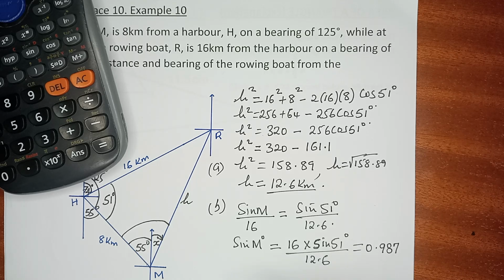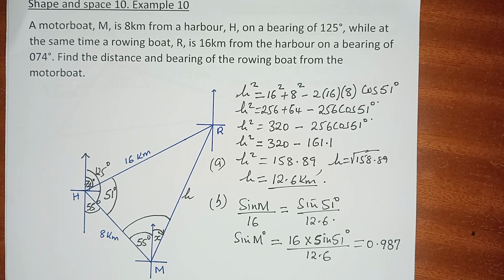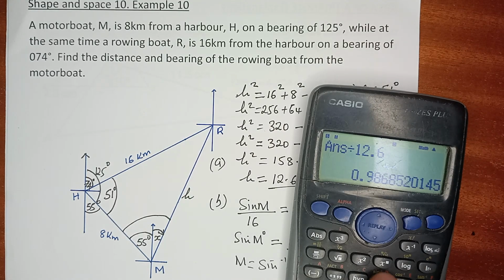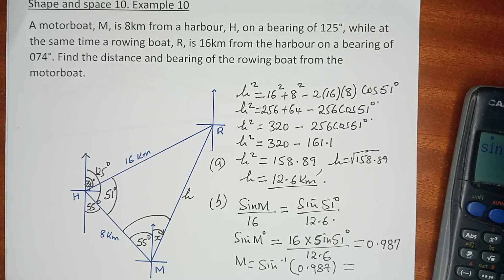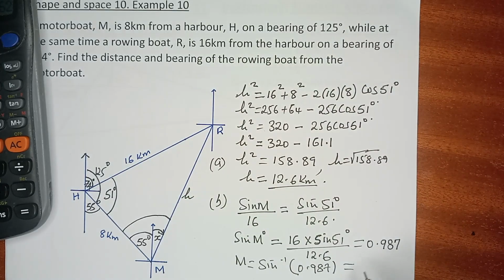What is m? M becomes the sine inverse of 0.987, and we say shift sine answer, and we get 80.7 degrees. You see, m is 80.7 degrees.